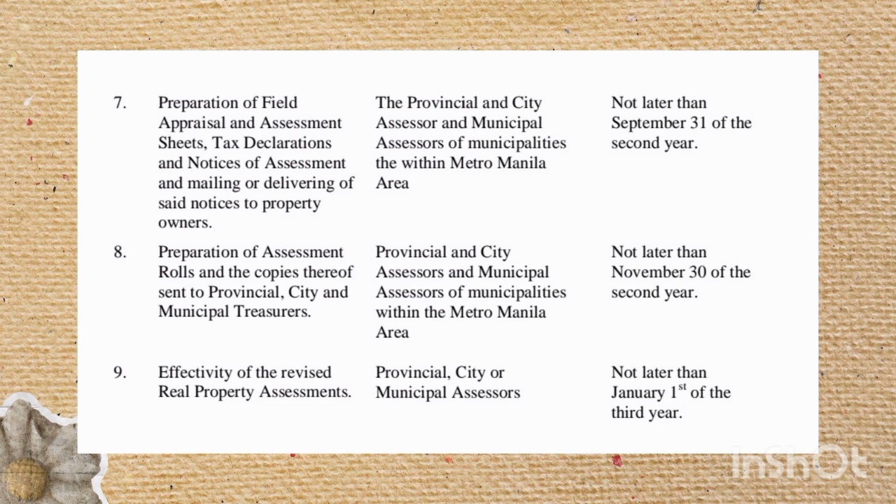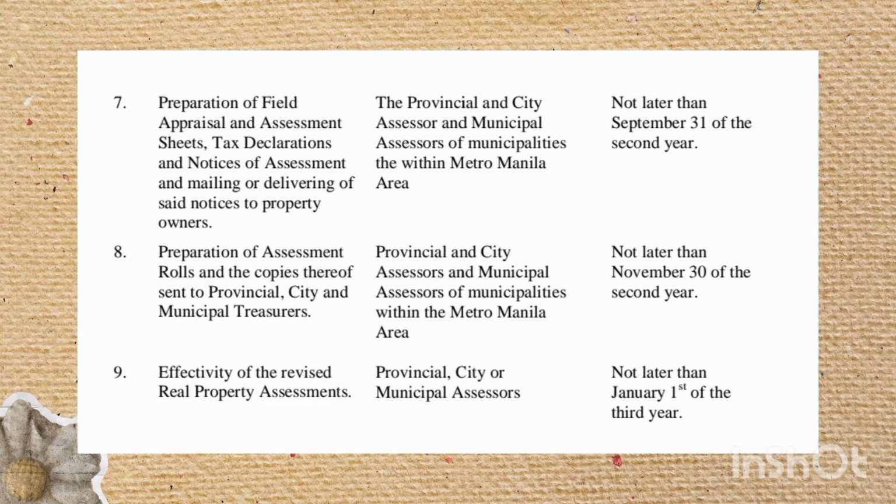So the appraisal or the assessment calendar sets the schedule for conducting the general revision of real property assessments. So it outlines specific activities, the local government units and officials responsible for each task, and the time period during which each activity must be completed.